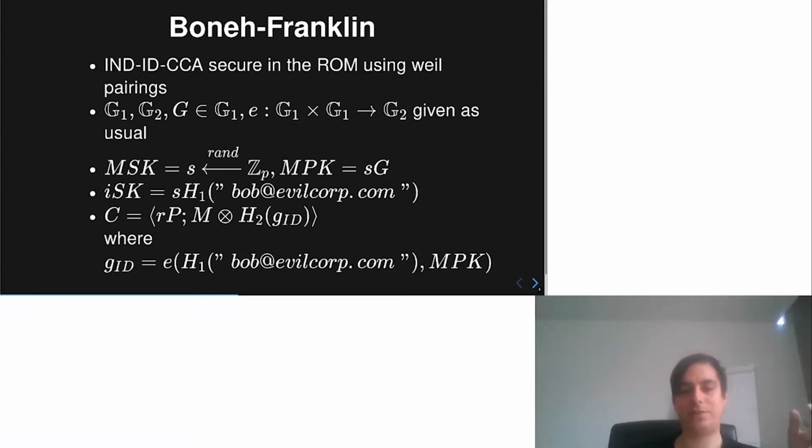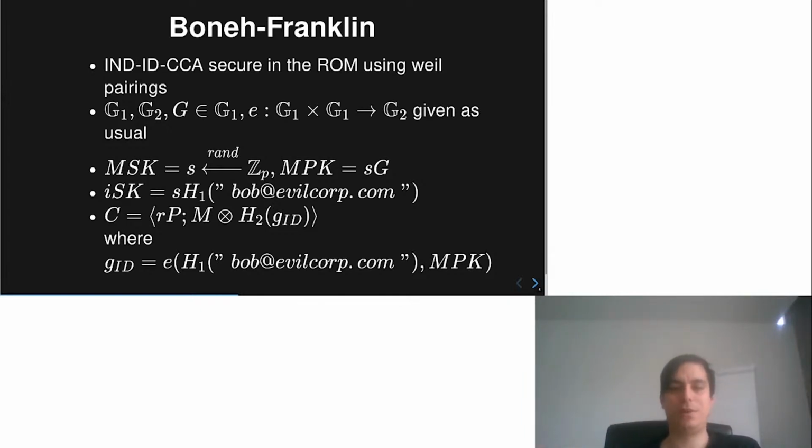For the ciphertext, we have something a little similar to ElGamal type encryption, but we see here that for the generation of GID, we utilize the elliptic curve pairing, so we lift it into G2, and the second parameter of the pairing is the master public key, because we have to bind to this MPK.